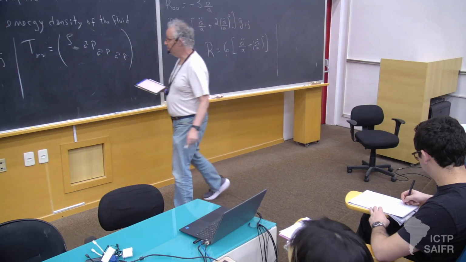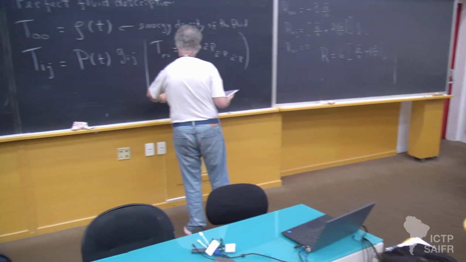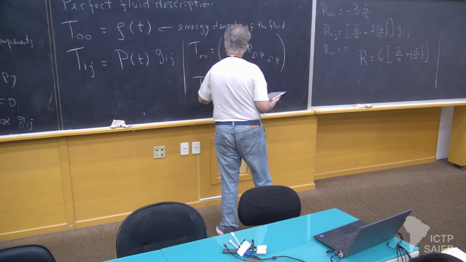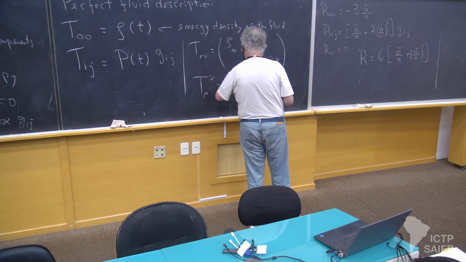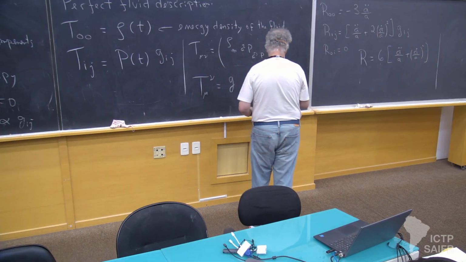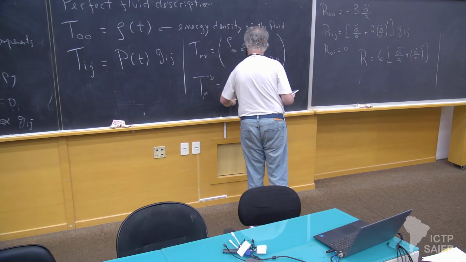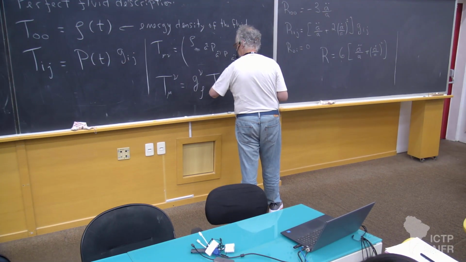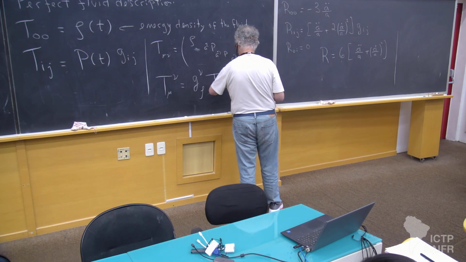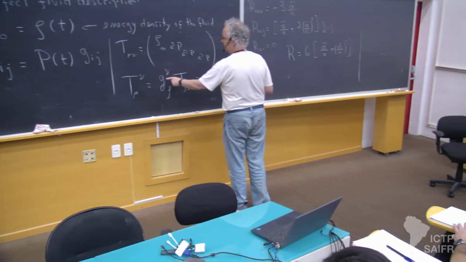And sometimes it's more convenient to write one index down and one index up, because you get rid of these factors of a. So this is just g^{nu rho} T_{rho mu}.